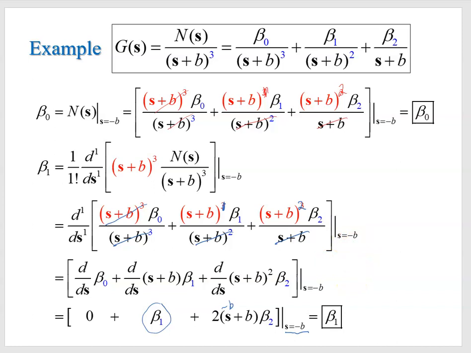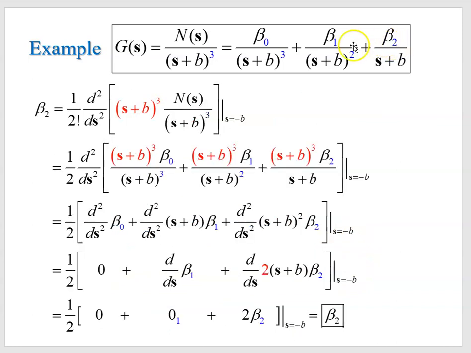So if we then look at our third term, beta sub 2, we have to take the second derivative. So we go 1 over 2 factorial, so that gives us the 1/2, and we'll see we need that when we take the derivative here. But again, we're multiplying by (s plus b) cubed, so we're just taking the second derivative of beta 0, that's 0. Here we're going to end up with a 1 there, and here we're going to end up with a squared, but now we're going to take the derivative again of (s plus b).